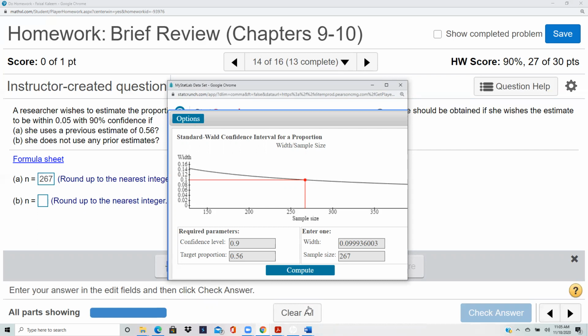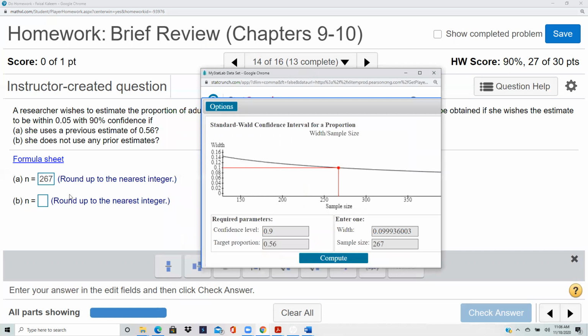Now, what do we do with this direction, which says to round up to the nearest integer? We would just round it up to a whole number.